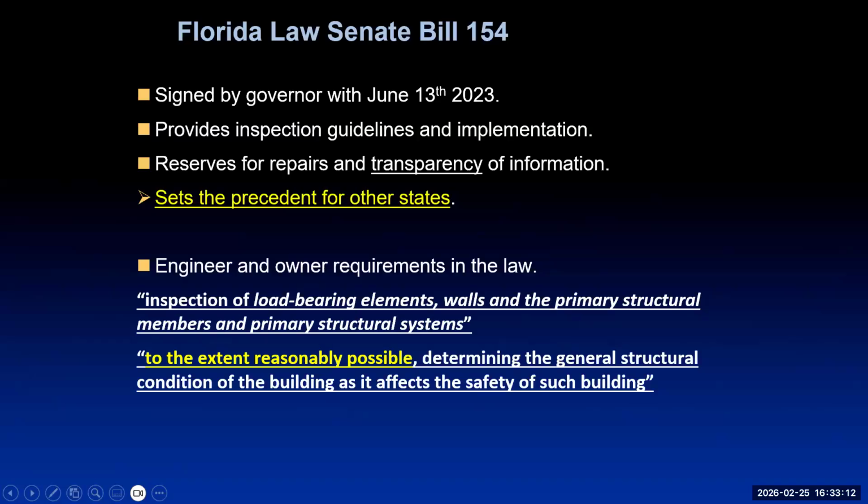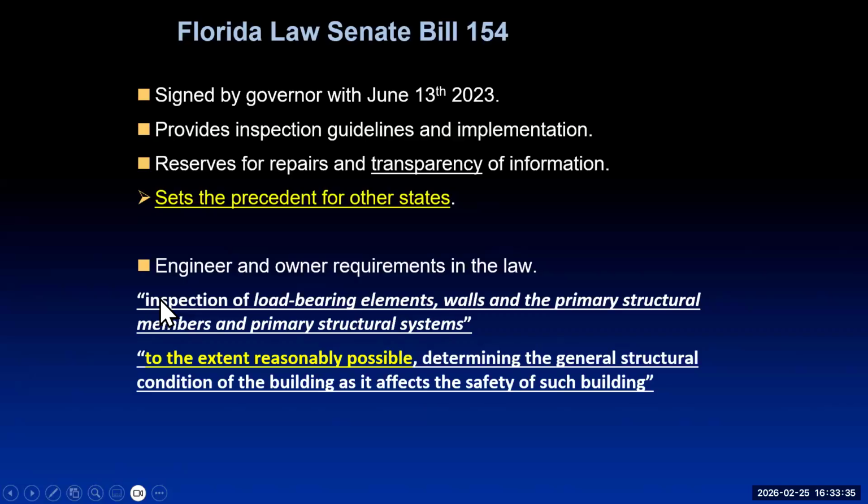So the Florida Senate Law 154 was signed in 2023. It provides inspection guidelines and the reserves for repair and transparency of information. And it set a precedent for other states, which, as I say, have been followed.